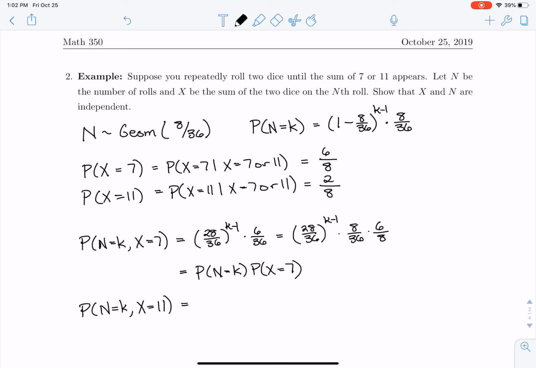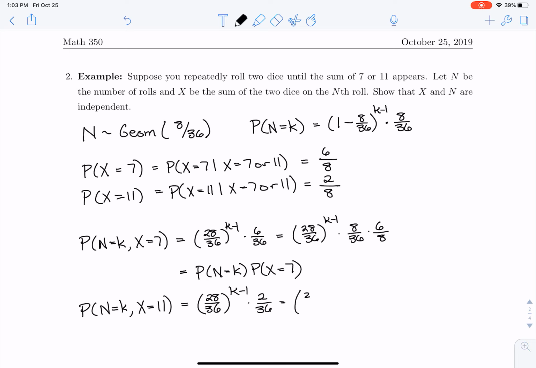Here we have, if we're going to roll repeatedly until 7 or 11 appears, then the probability of failure is 28 out of 36, and we're going to roll that k minus 1 times. But finally, we're going to have a success, but that success is going to be that we roll an 11. That happens with probability 2 out of 36.